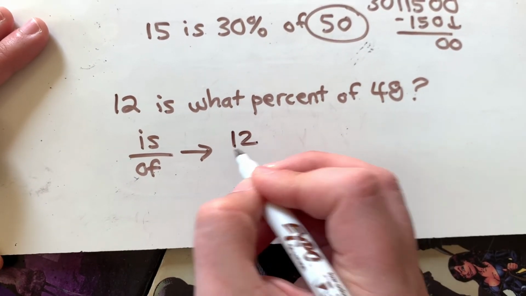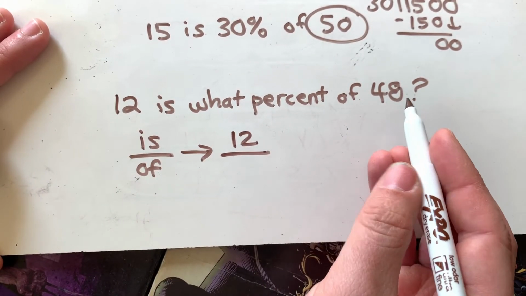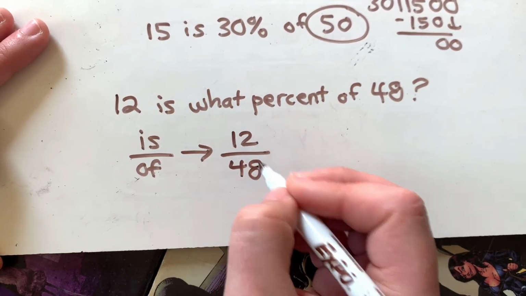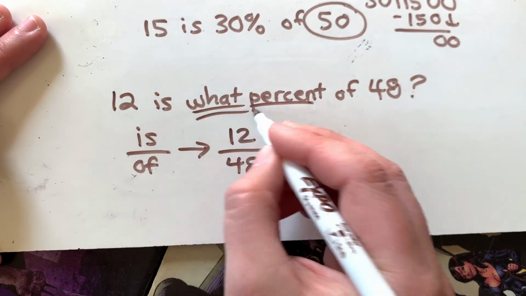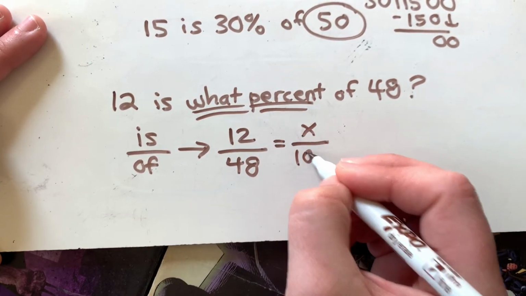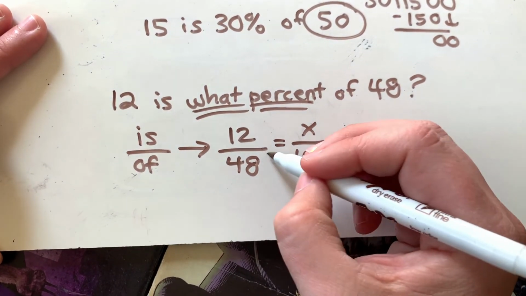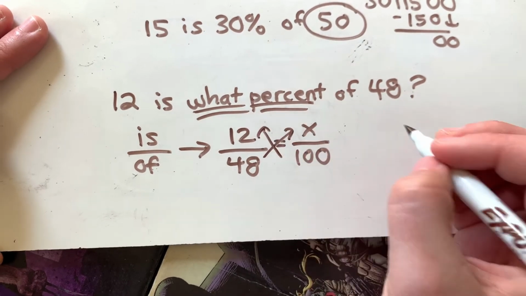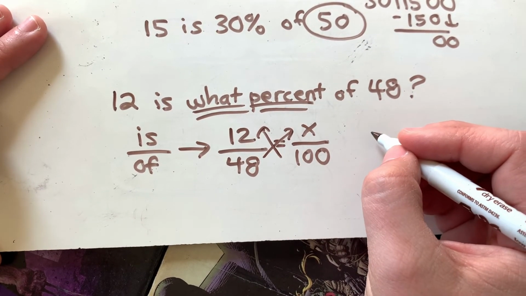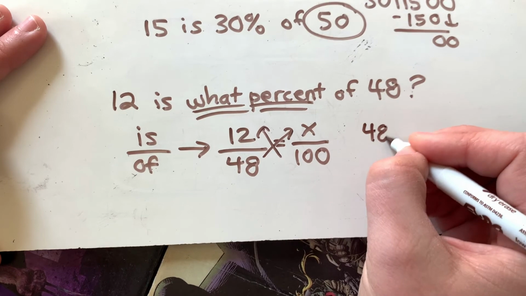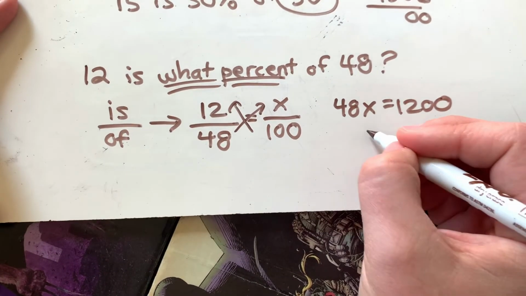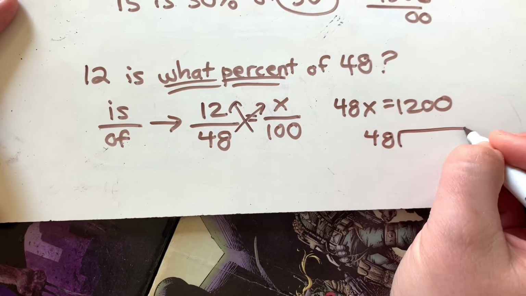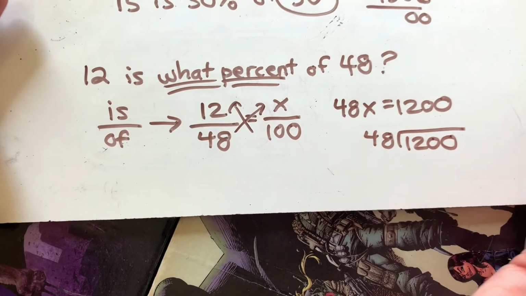So 12 is the part, 48 is the whole, and what percent? The percent is missing. So x over 100, I'm going to go ahead. I can cross multiply, so 48x equals 1200. I'm going to see how many times 48 goes into 1200.